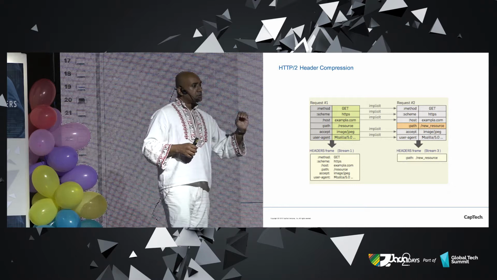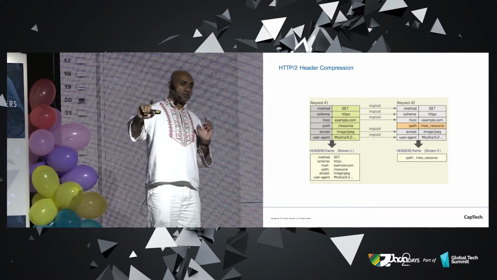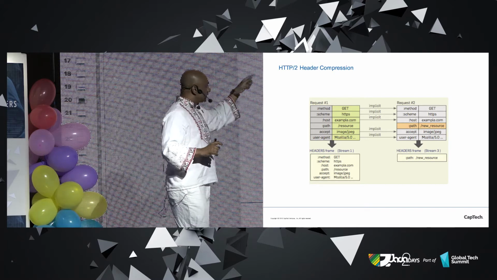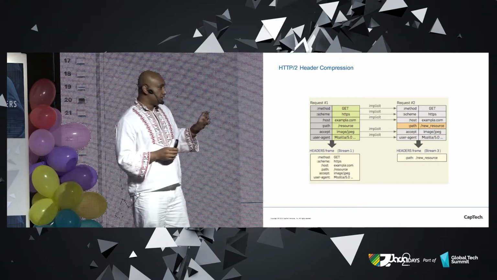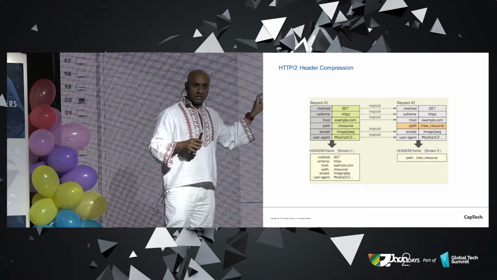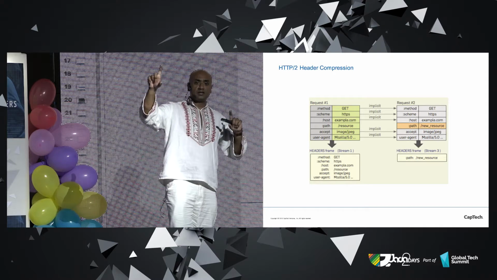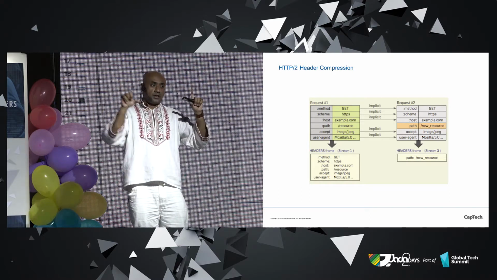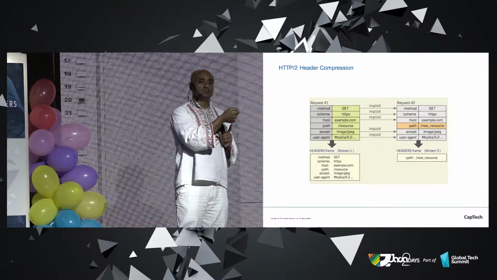So now that we have a stateful mechanism between the client and the server, instead of duplicating these headers over and over again, you can choose to have a caching table, a simple lookup table, both on the client and the server side. And both can keep track of what actually changed, right?